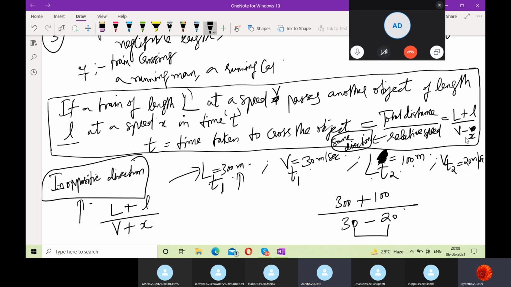Okay, so if it is in same direction, you should take minus negative sign, and if it is in opposite direction, you should take plus here. That means minus v minus of minus x. Okay, please make a note of this.